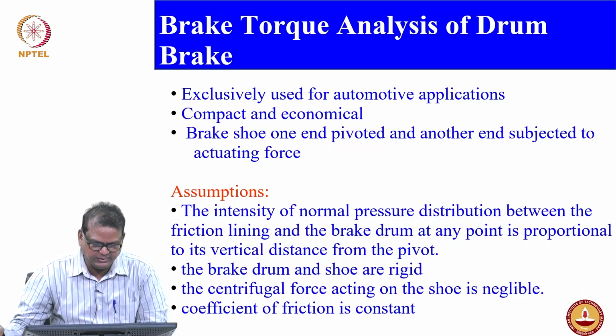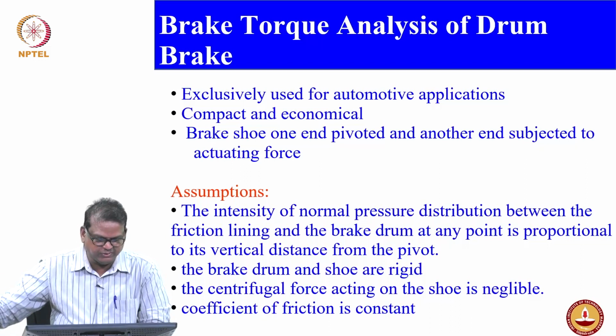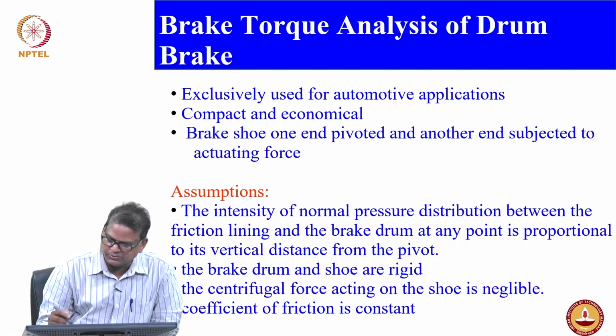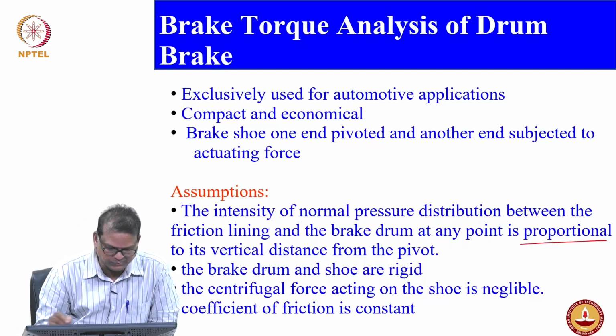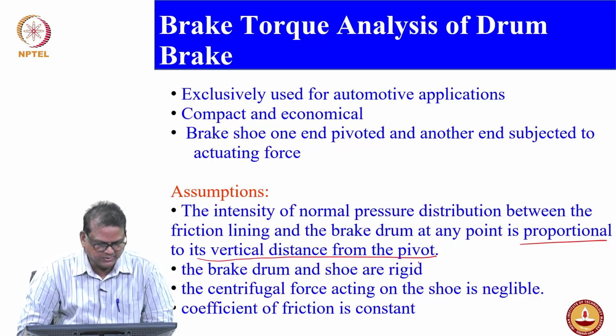The intensity of normal pressure distributed between the friction lining and the brake drum at any point is proportional to the vertical distance. This is one assumption we have to have. The second one is that the brake drum and shoe are rigid. The centrifugal force acting on the shoe is negligible.